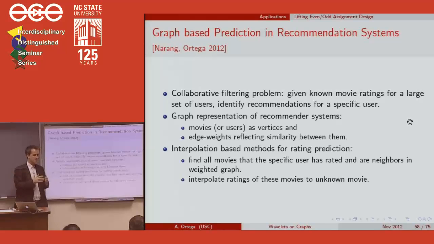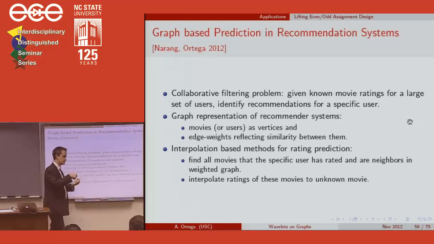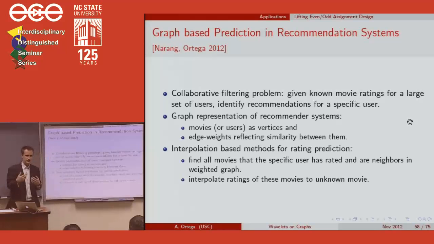So we look at the correlation in ratings that one person gives to both movies, and that gives us a correlation between the movies. The graph itself is movie to movie, and the weights correspond to the correlation between the evaluations that the same users had for those movies.